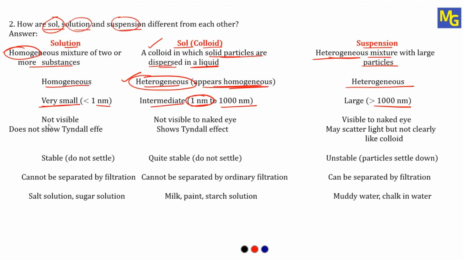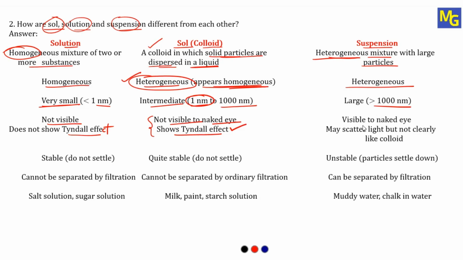The next one, not visible. Remember, these are not visible and don't show Tyndall effect, because the particles are so small that they are not able to scatter the light. Second one, colloid, not visible to the naked eye, shows Tyndall effect. In colloid also the particles are not visible, but they can show Tyndall effect, that is scattering of light.